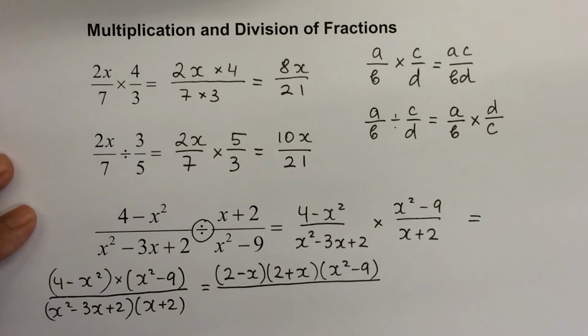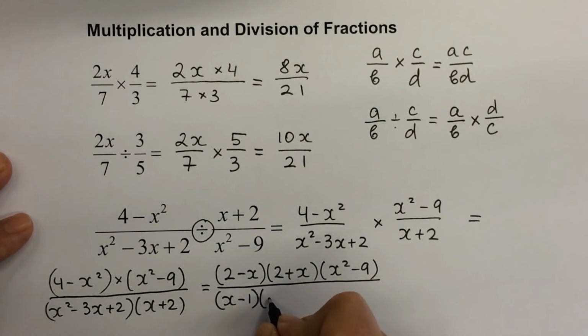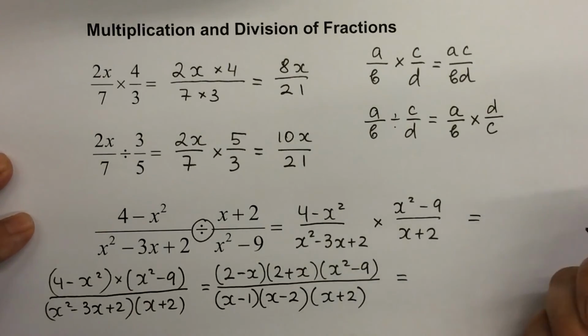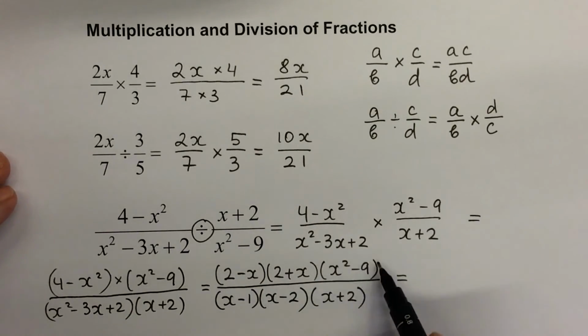Now, this trinomial, we used this technique before, so to factorize it, we have to look for two numbers which give us, in a product, 2, and in a sum, minus 3, and that's simply minus 1 and minus 2. So to factorize it, we have x minus 1 times x minus 2, and then we have x plus 2. Excellent. So we completely factorized everything except this term, but maybe we don't need to.